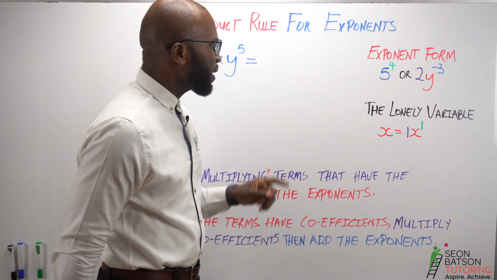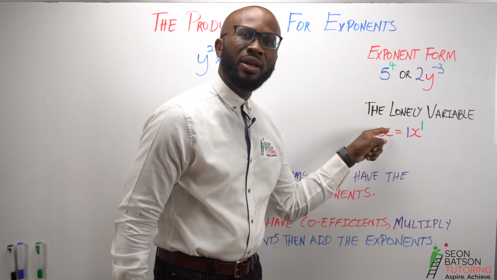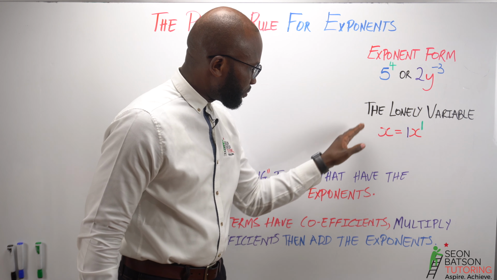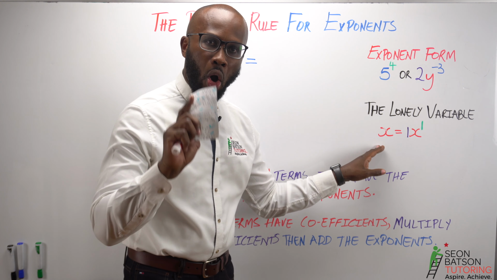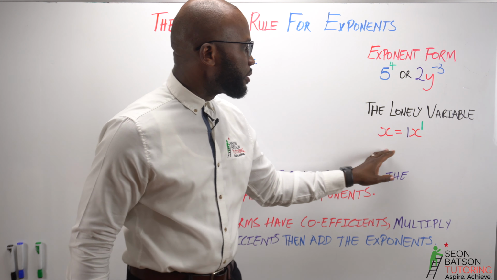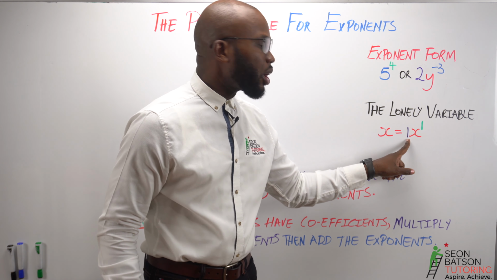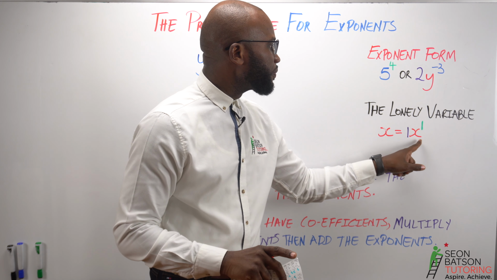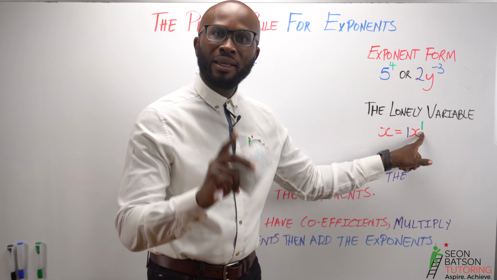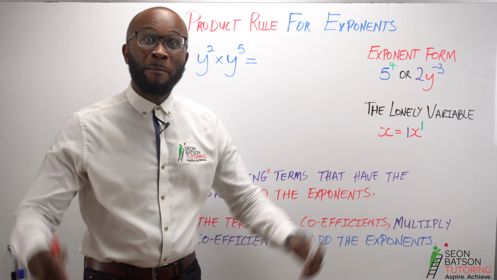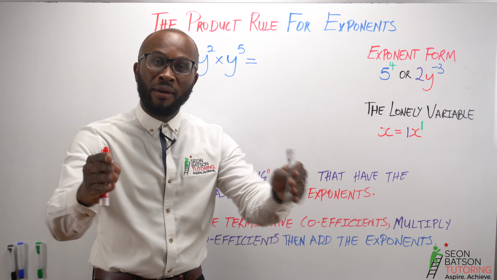And secondly, let us talk about the lonely variable. Whenever you see a variable by itself, just the bare letter, always remember there are two things hiding in the shadows. One, its coefficient will always be 1. And very important as well, its exponent is always 1. Never forget that. Yes? How are you feeling so far?